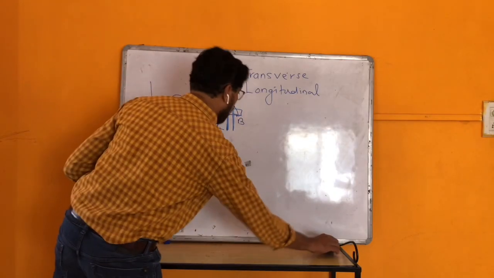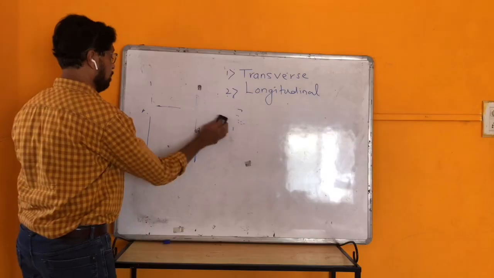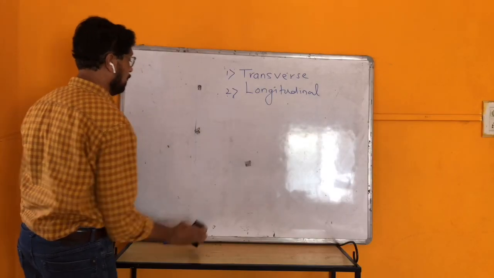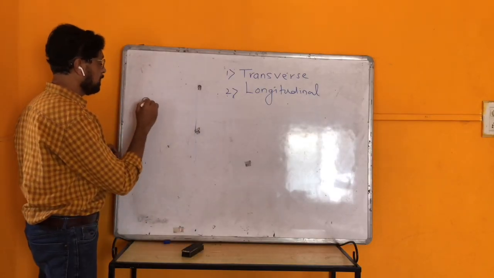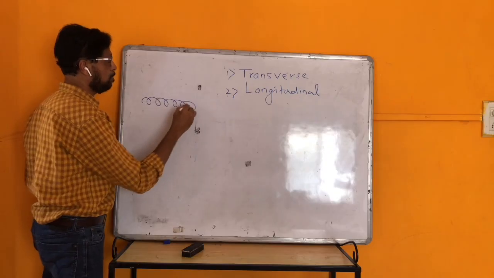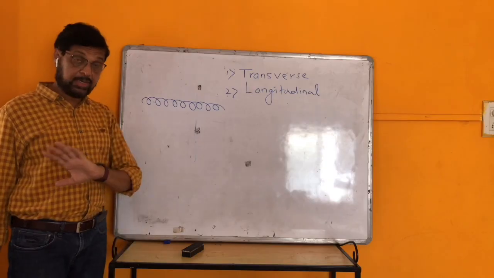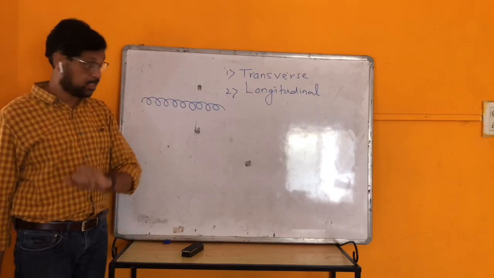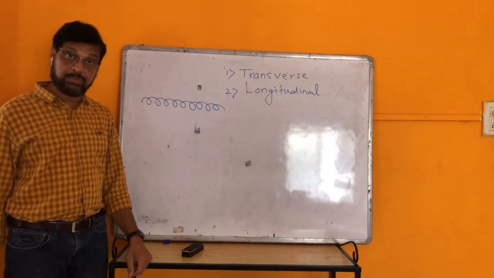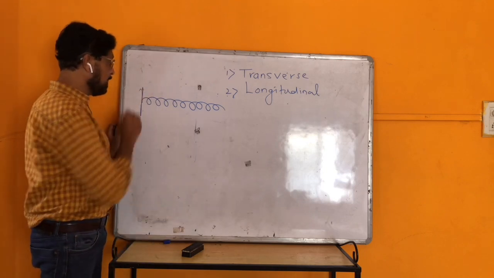What will be a longitudinal wave? Suppose this is a spring which is in equilibrium. It is neither compressed nor stretched. So this is the spring in equilibrium. Suppose it is tied here.